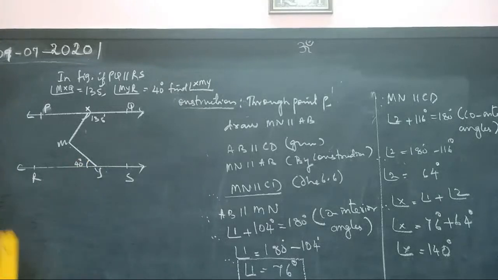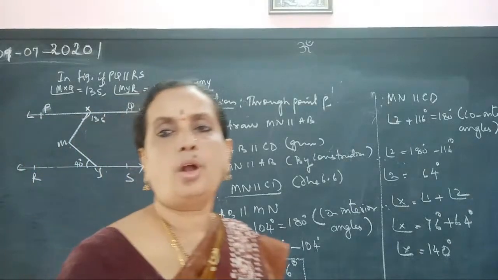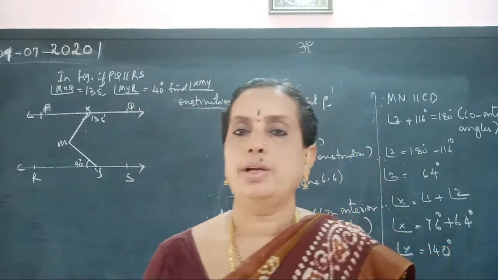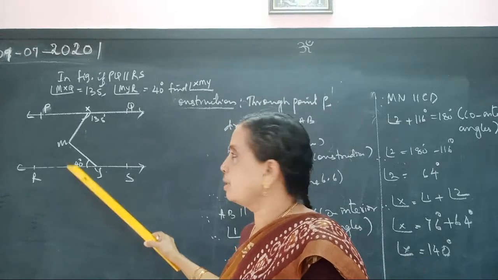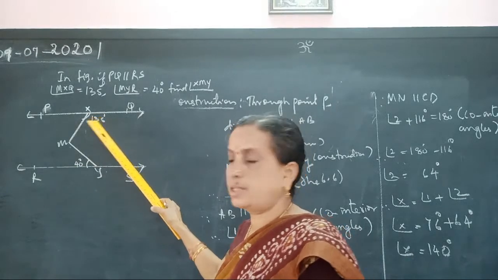Have you all noticed? In this case, the angles are not on the same side of the transversal. One is on the opposite side of the transversal. Here it is the same side of the transversal.